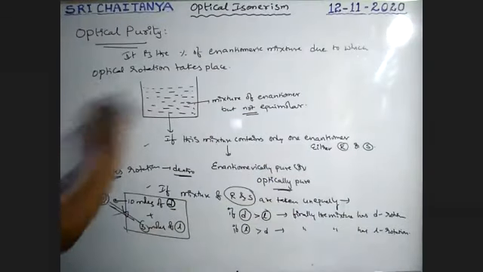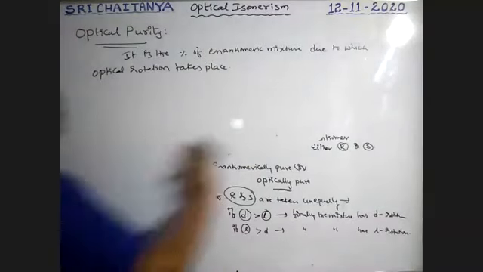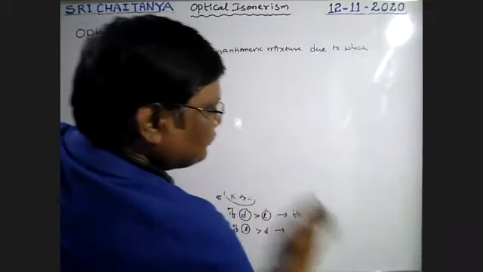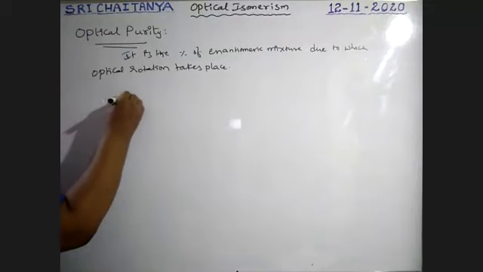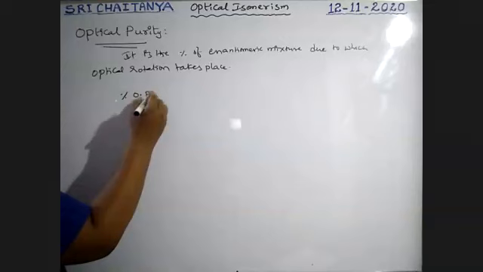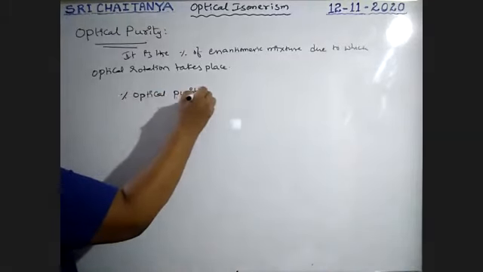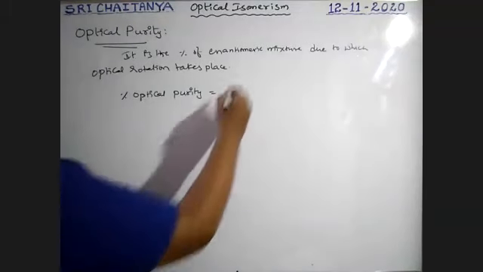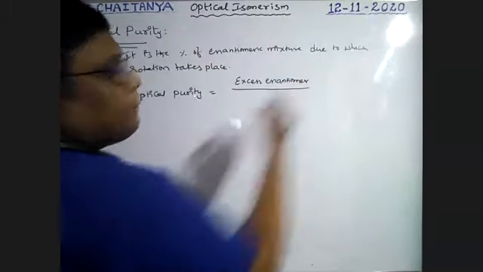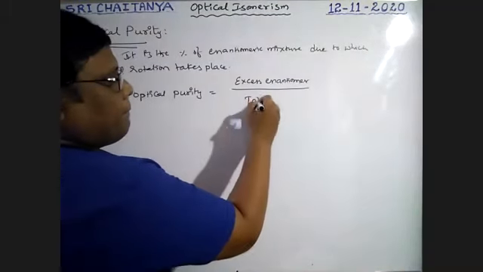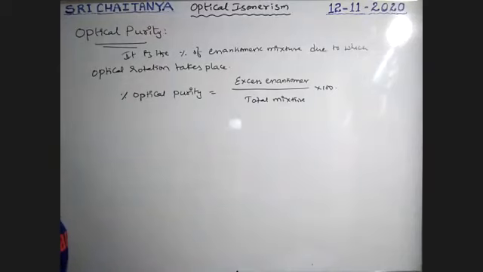So the percentage of optical purity is equal to excess enantiomer by total mixture into 100.